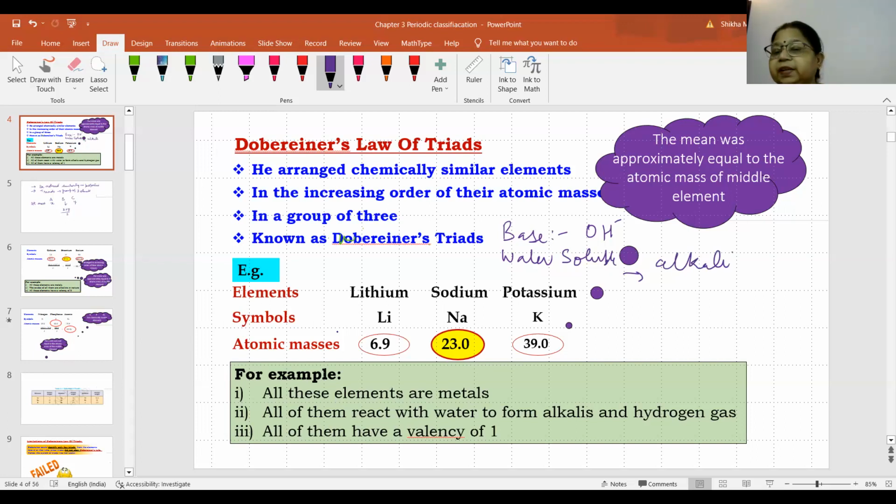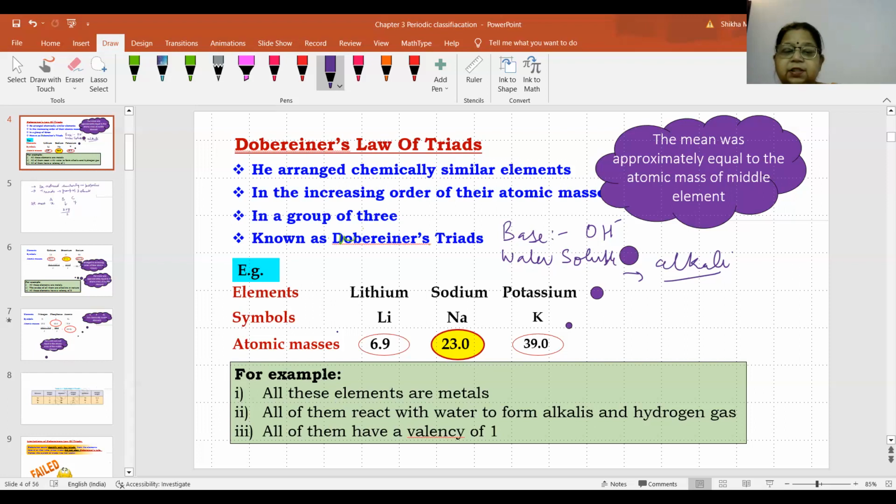Water soluble bases are called alkali. A special name to a category of a base, right? Acid is a substance which, as Ritika correctly said, will produce H plus, and bases will produce OH minus. That is the classical or the basic definition as of now, right? But water soluble bases will be called alkali.